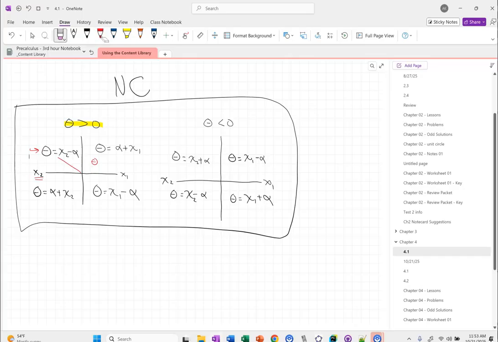Before, when we had theta in quadrant 3, we took our x-axis label and added alpha to it, right? So this is just telling us whether we should be adding or subtracting.